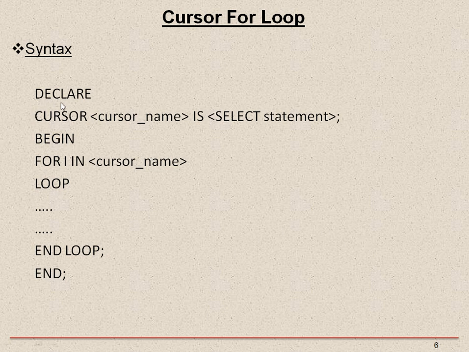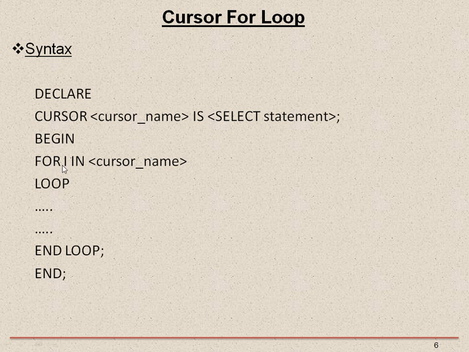Again it's our declaration section: cursor declaration, cursor name, select statement. Then the begin section, and here you see there is no open statement and no closing statement, because the cursor FOR loop automatically opens and closes the cursor based on the conditions and your requirement.